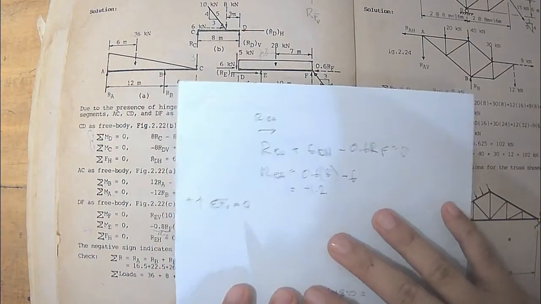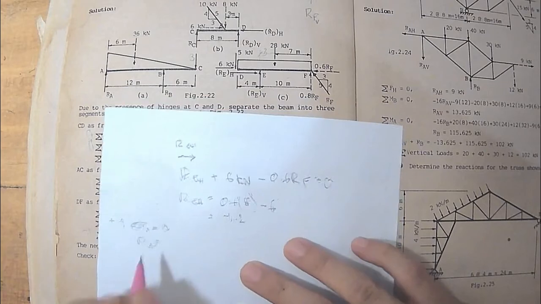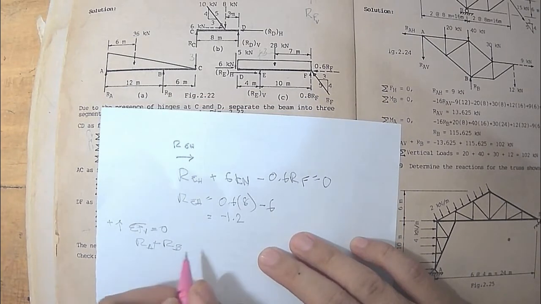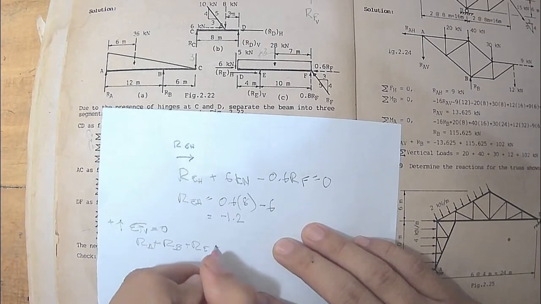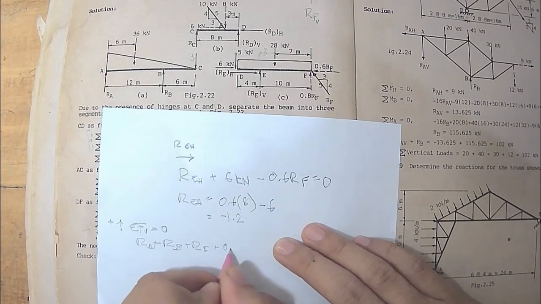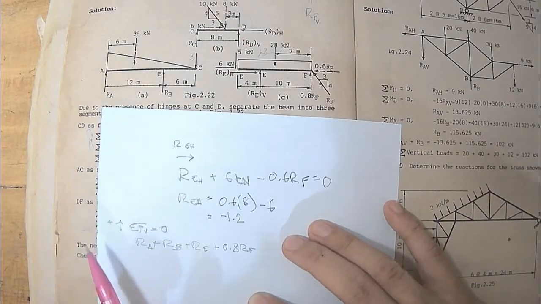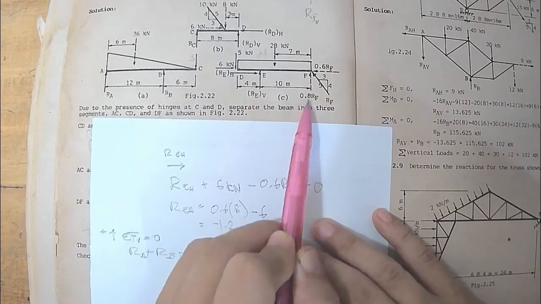So we have RA plus RB plus REV plus 0.8 RF.